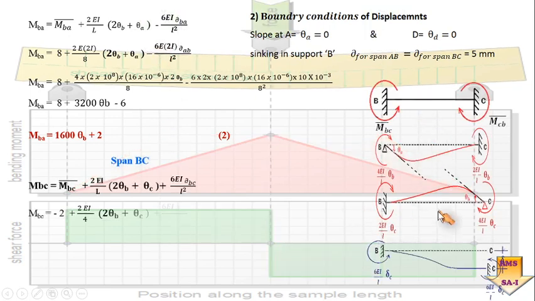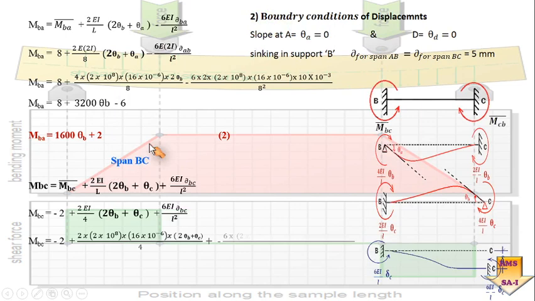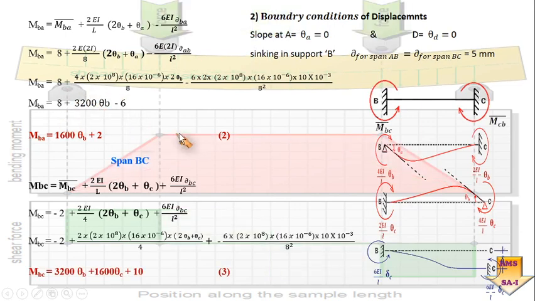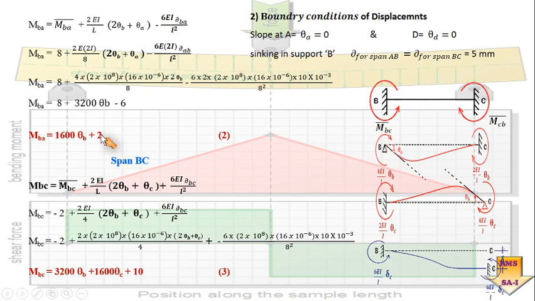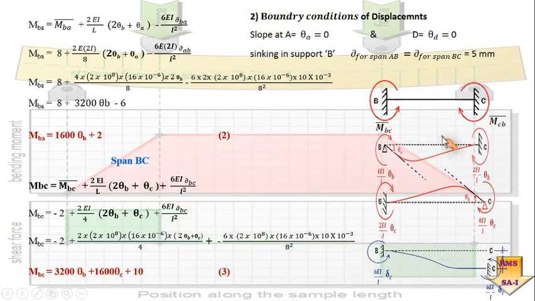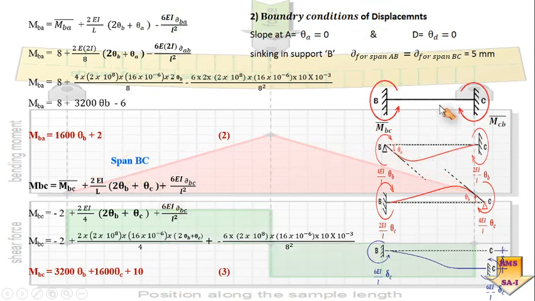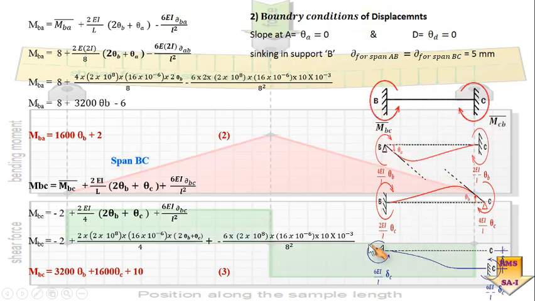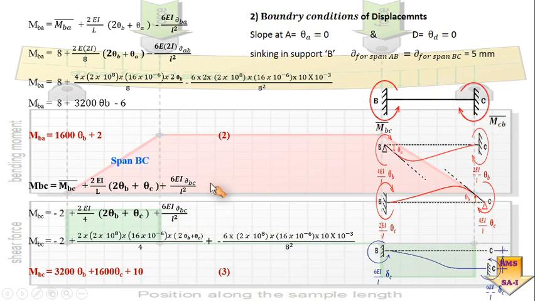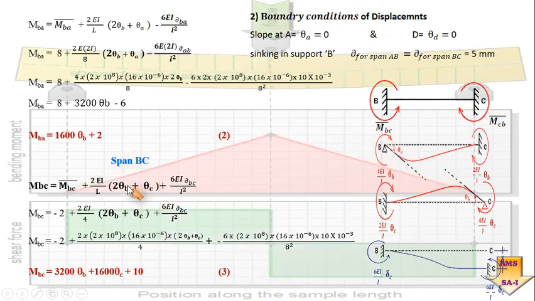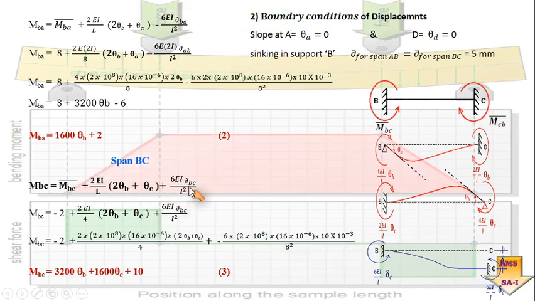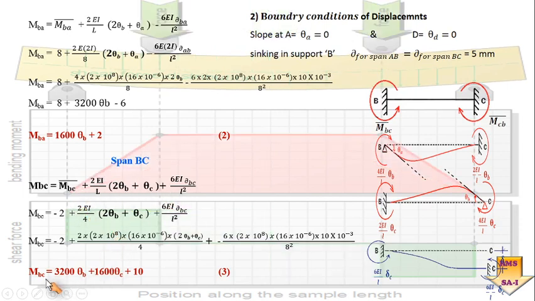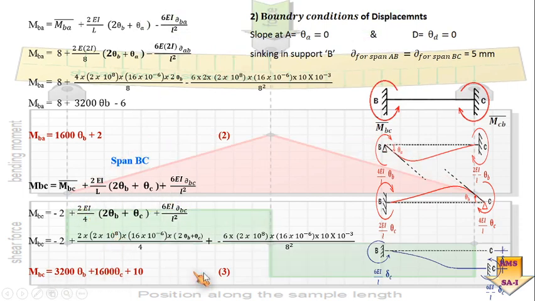This is equation number 2 for span AB, with MAB and MBA found by equations 1 and 2. Similarly for span BC, all the various possibilities are shown here and the governing equation is available. Putting in the boundary conditions and the known value of the sinking of the support, we get a new equation for MBC equal to this much.